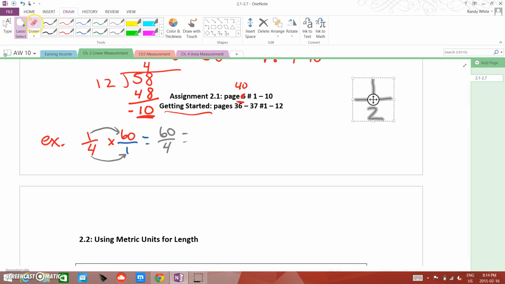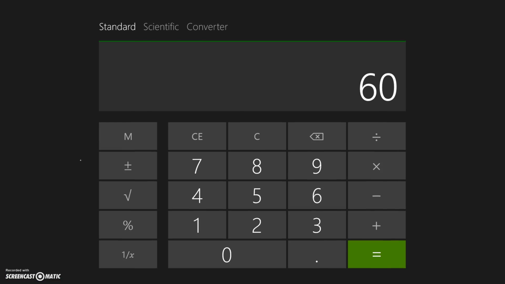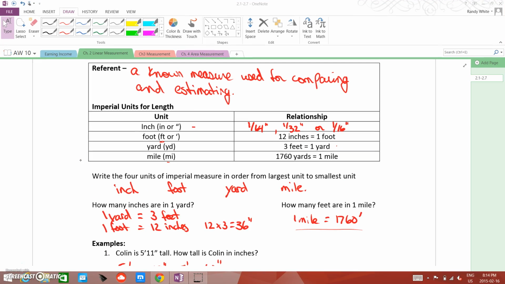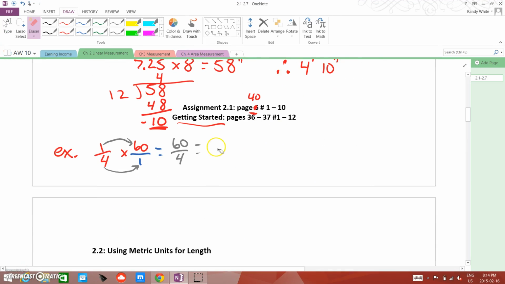It's strictly a division symbol. So I'm going to divide 60 by 4, which is 15. Okay, so that's probably the easiest thing to do.